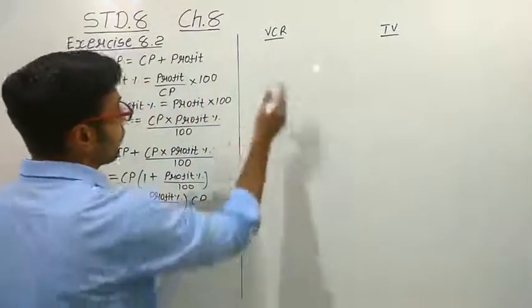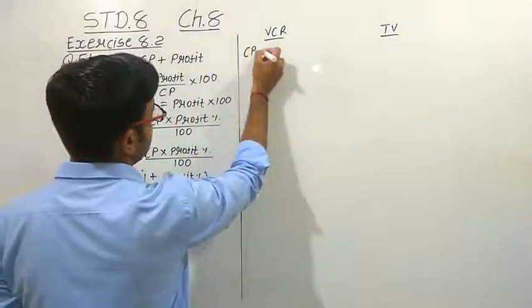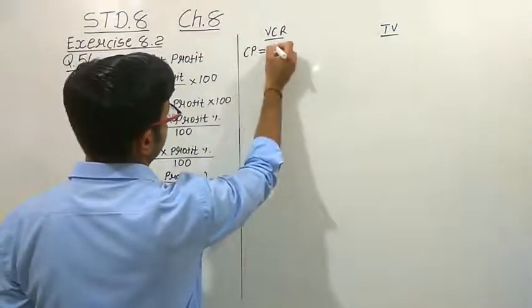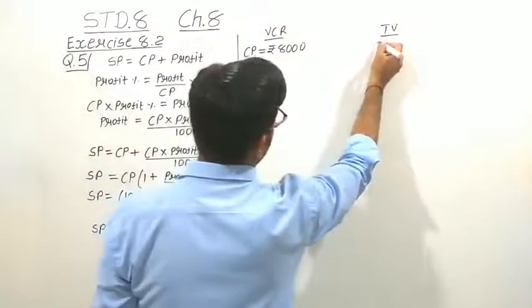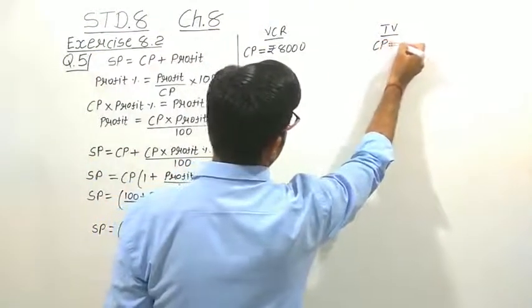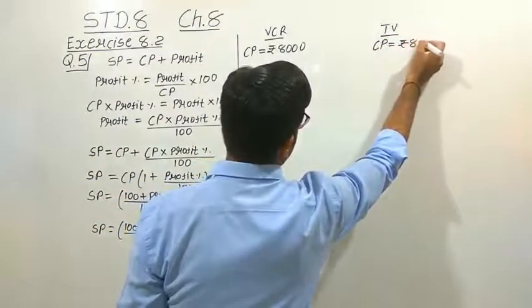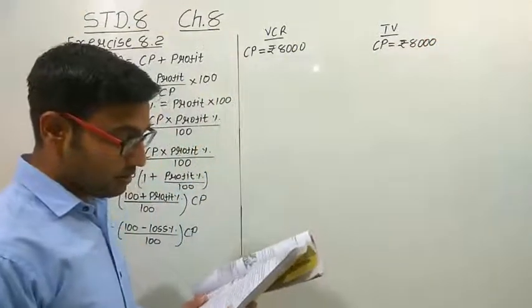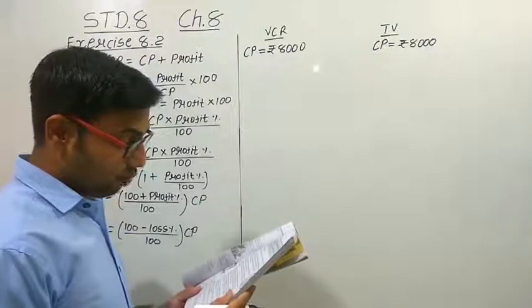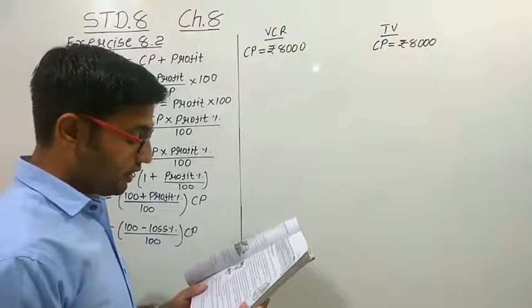8,000 each means the cost price of both these things is same, that is rupees 8,000. Here also the cost price will remain the same, rupees 8,000, right? Okay, now let us study further. The shopkeeper made a loss 4% on the VCR.